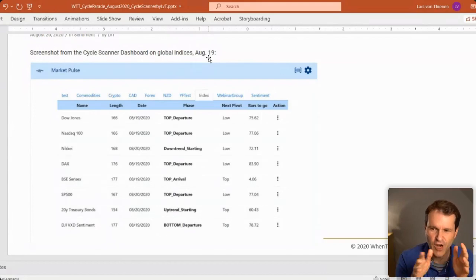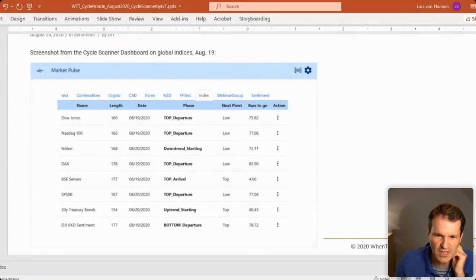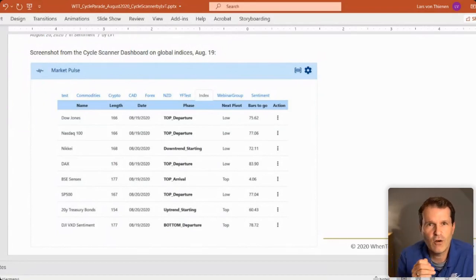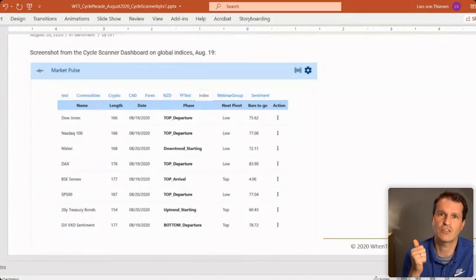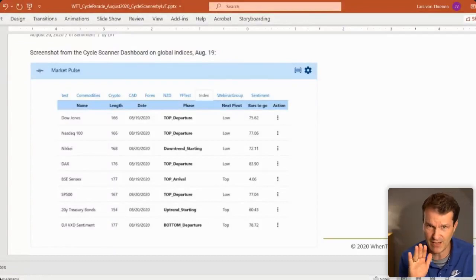So therefore, I always refer to this. We have just looked, in our session, at the S&P, and we've seen the cycle with a length of 170 something, and the top departure. It's always high risk if you just analyze one data set and have just one cycle. This is a static forecast. This is what I always say: be careful with that.